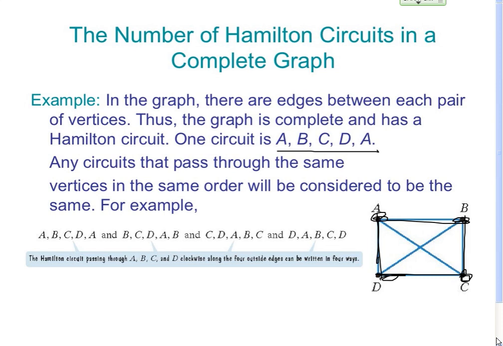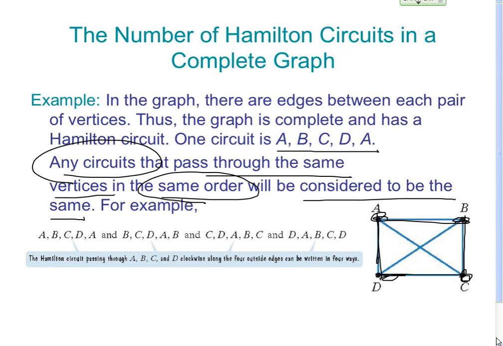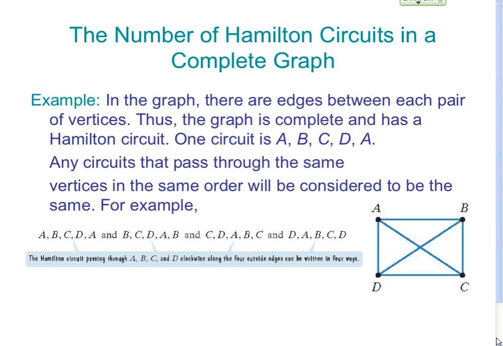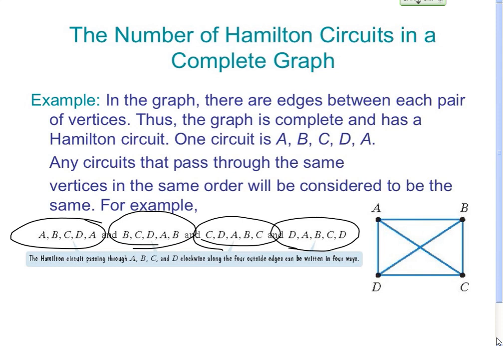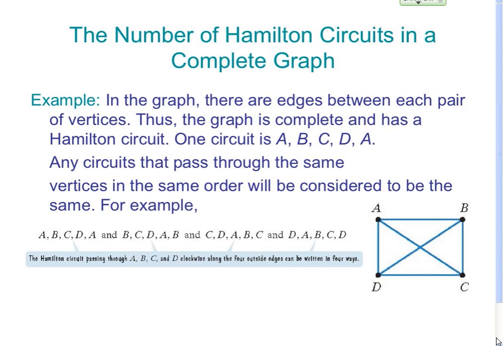Any circuits that pass through the same vertices in the same order will be considered to be the same. So if you look at these examples of Hamilton circuits, notice this one starts at A and ends at A, this one starts at B and ends at B, but they're considered the same because I go from A to B to C to D to A to B to C to D to A. Notice these vertices are going in the same order.